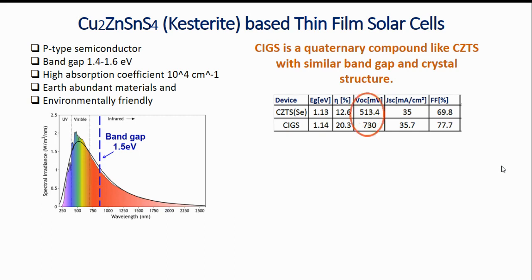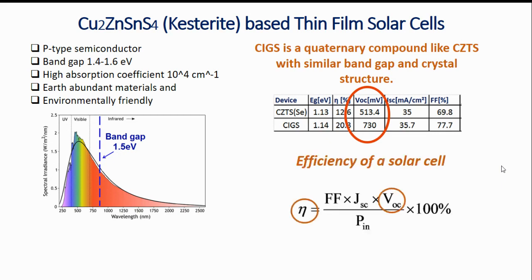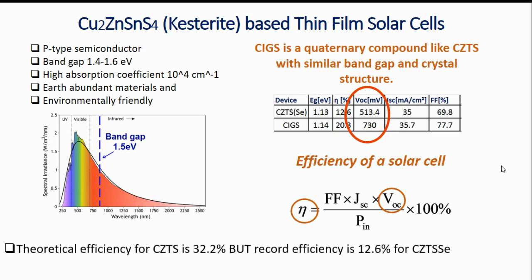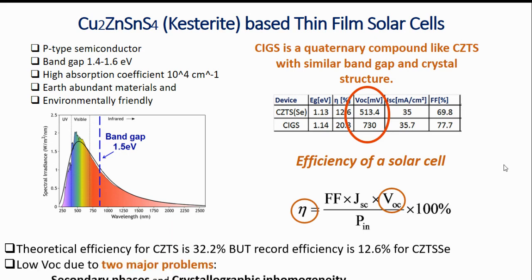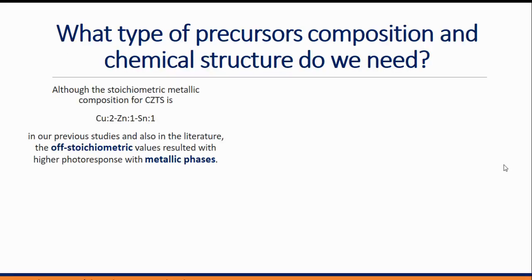The reason for that is the open circuit voltage results, which directly influence the efficiency of a solar cell. And there's a reason why we are not able to reach the theoretical efficiency of the kesterite layers. It is because of the secondary phases and the crystallographic inhomogeneities.